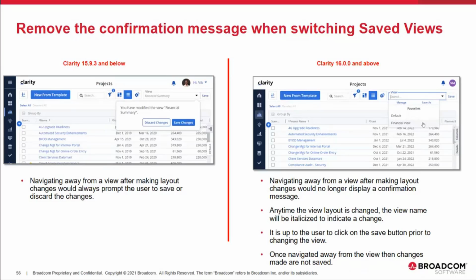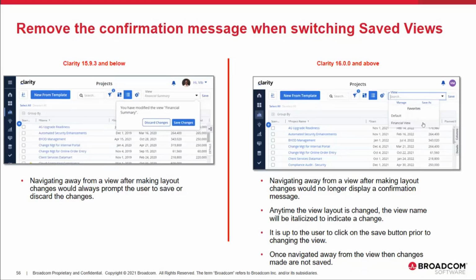That visual indicator was sufficient for them, and they did not need an additional display of save or discard the changes. So starting 16.0.0, that message will no longer be displayed to our customers.